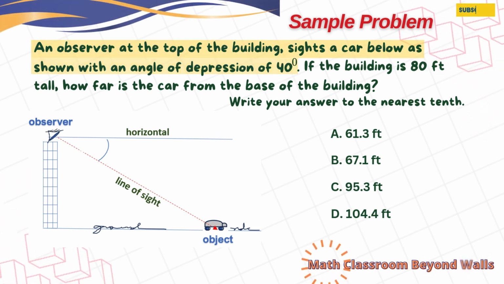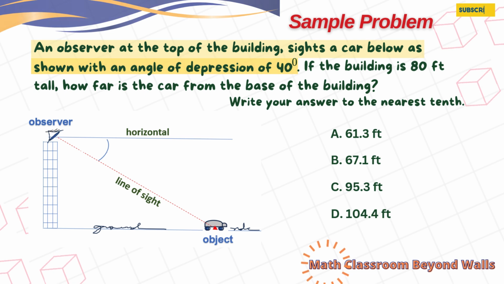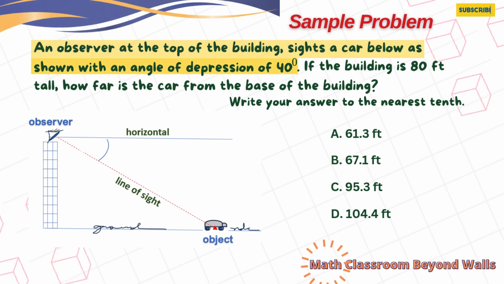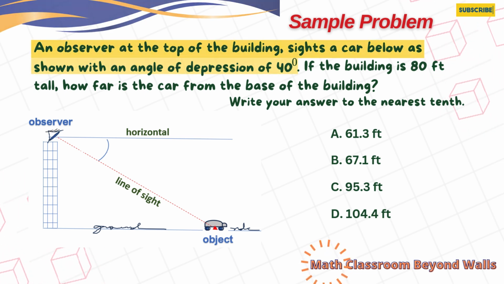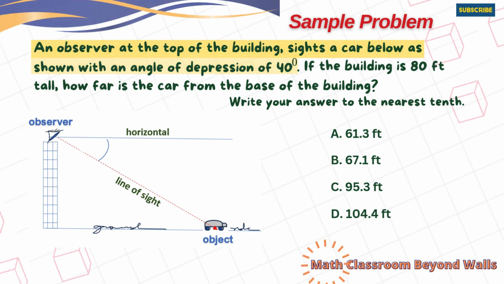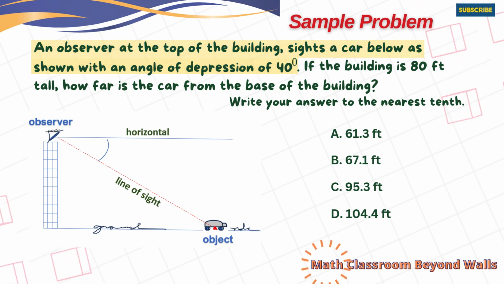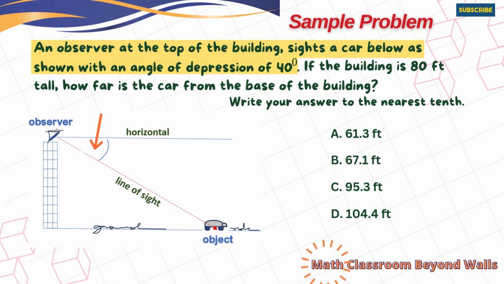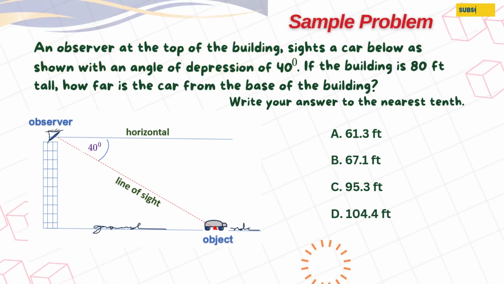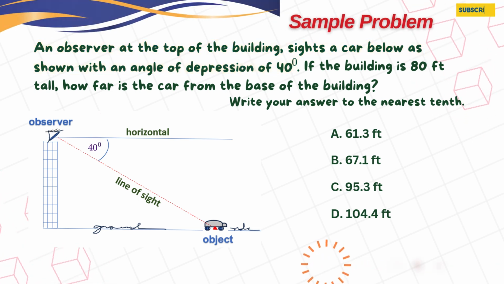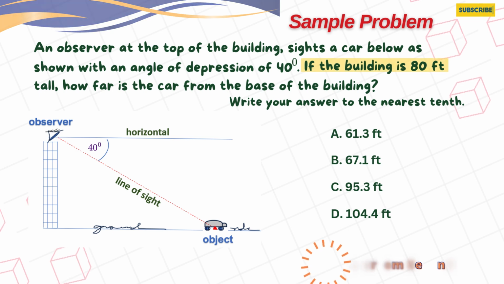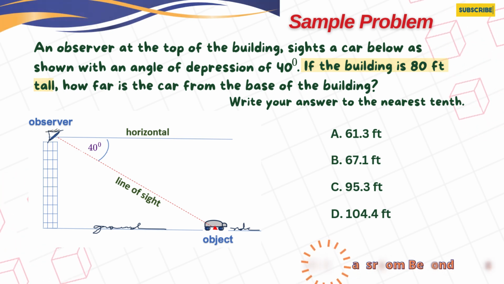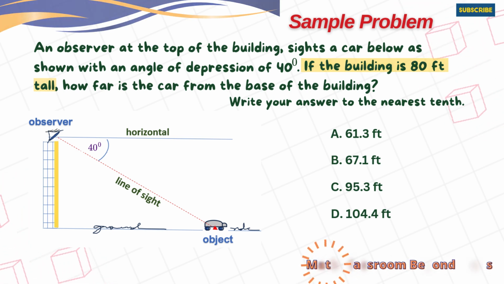On this sentence, everything is on the figure except for the angle of depression. We will put this on the figure. By the way, where are we going to put the angle of depression, learners? Okay, so perfect, we put it here. Then the problem says if the building is 80 feet tall, so we label the height of the building, which is 80 feet.